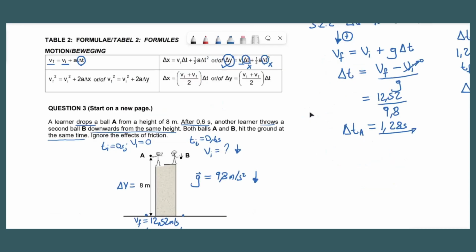Okay, and so for the final step of this question, we are now going to take the second equation of motion.